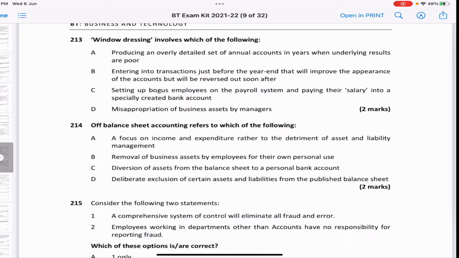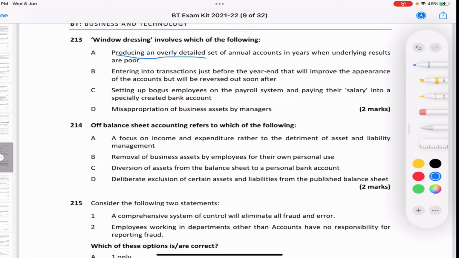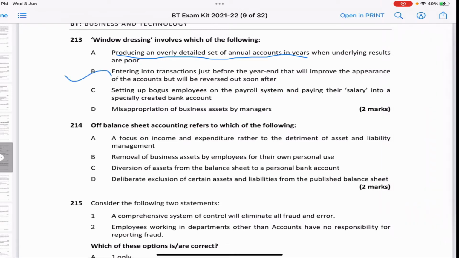Sales are made just before the year end, inflated invoices, which are corrected by the issue of credit notes in the new year. So, producing an overly detailed set of accounts makes no sense. Entering into transactions that will improve the appearance is something which is related to window dressing.